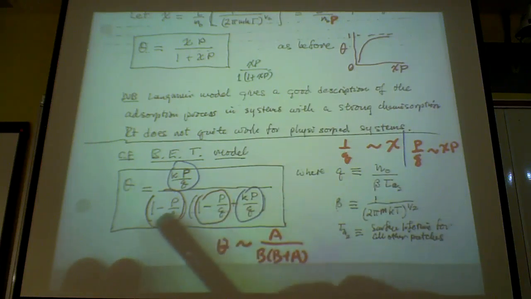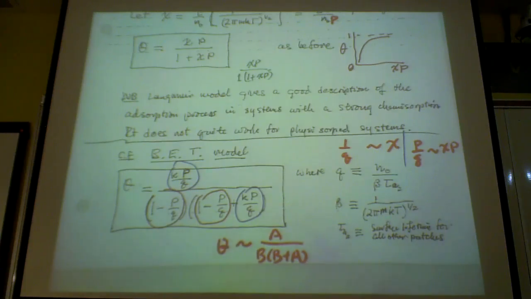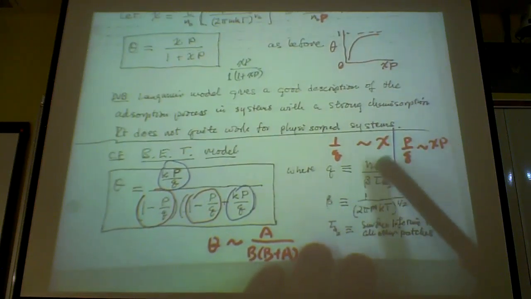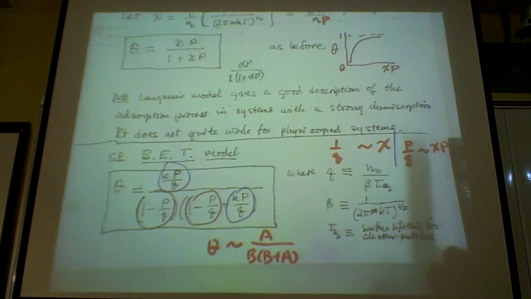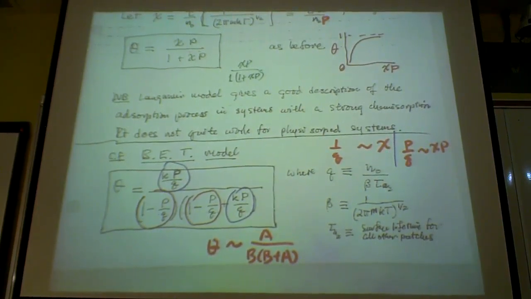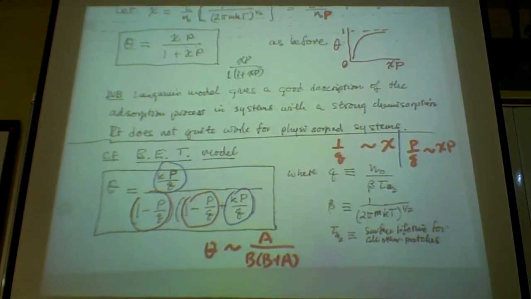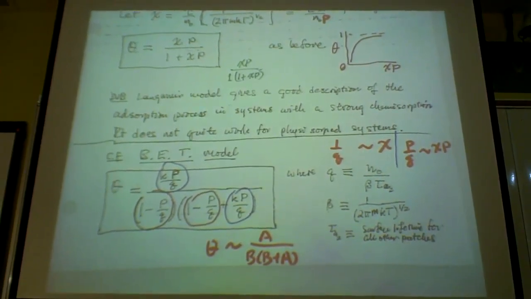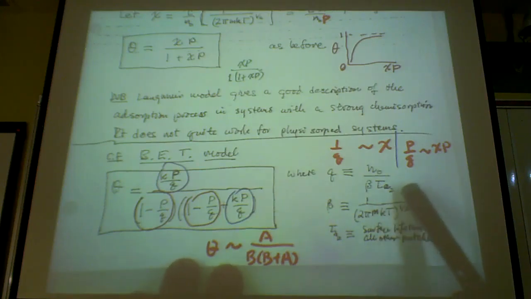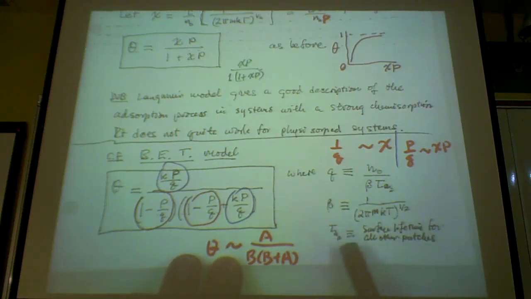It's 1 minus some correction term, and this correction term depends on something called Q. And Q is related to N naught, which is the variable side, divided by the mean stay time of the double layer. So this tau A2, you can think of it as the surface lifetime for all other patches.